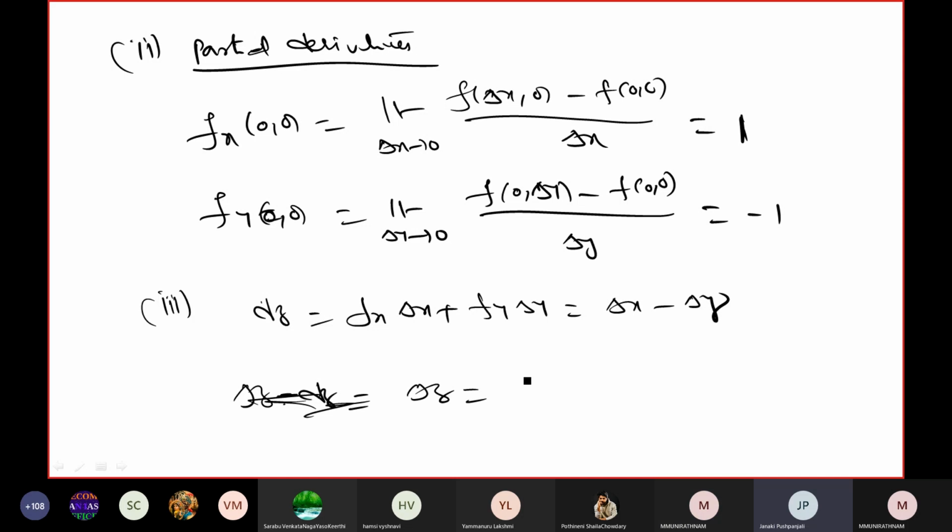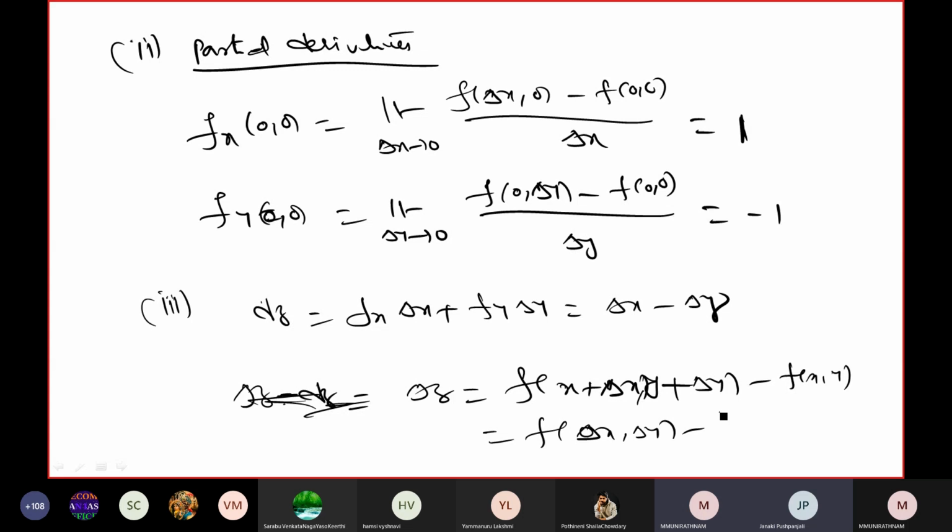Delta z is f of x plus delta x comma y plus delta y minus f of x comma y, that is f of delta x comma delta y minus f of 0 comma 0.